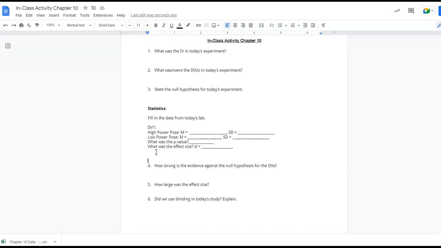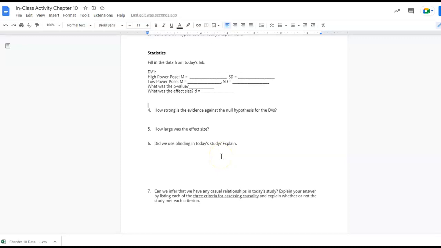Our effect size in this case was negative 0.04, which is a very, very small negligible effect. So we have a negligible effect that does not appear to be a real difference, right? So based on our data here, there does not seem to be an impact of the power pose or the position people were in on their self-reported ratings of confidence and power and so forth.